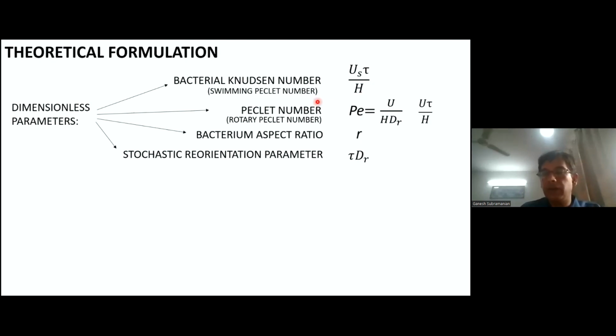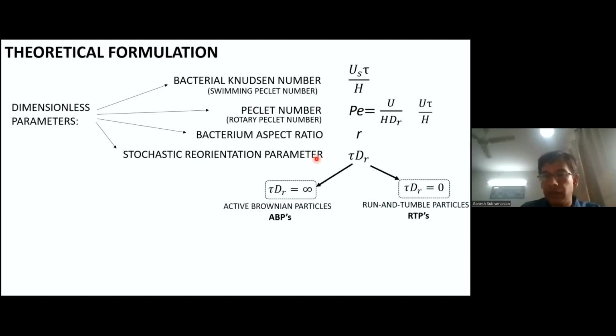Then you have a measure of the strength of the flow, which is the rotational Peclet number, the gradient of the imposed velocity times the microscopic time scale, the bacterium shape, that's the aspect ratio, and a parameter that tells you how important tumbling and rotational orientation fluctuations are in terms of randomizing the bacterium orientation. And so accordingly, as I said, for two extremes, you have the ABPs and the RTPs.